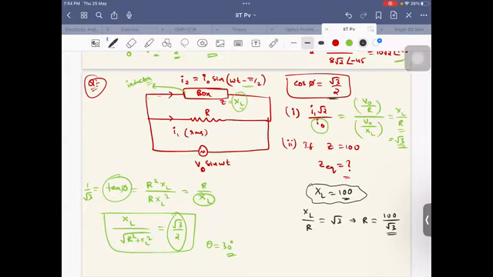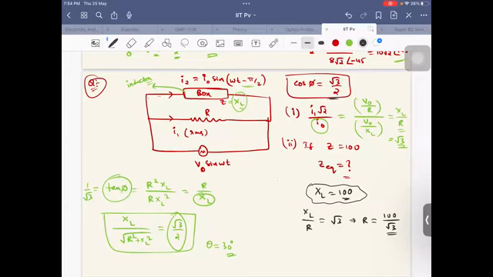Sir, what is Z equivalent now? Actually, I forgot. We need magnitude only, no? Z equivalent is the total impedance. Let me write it as a complex number and solve.